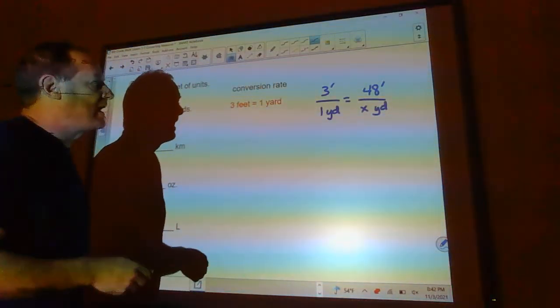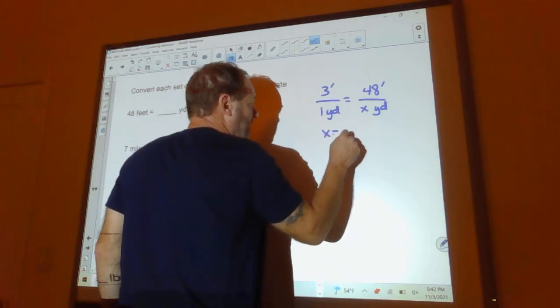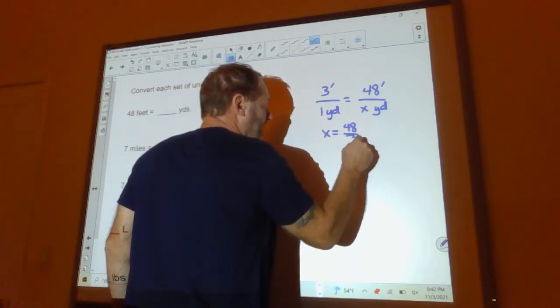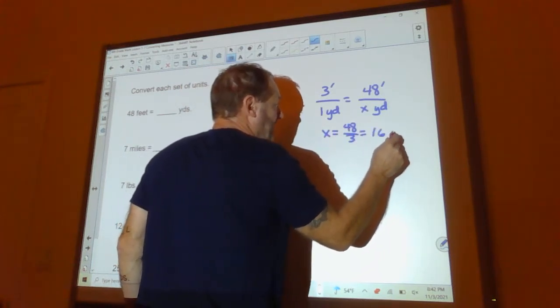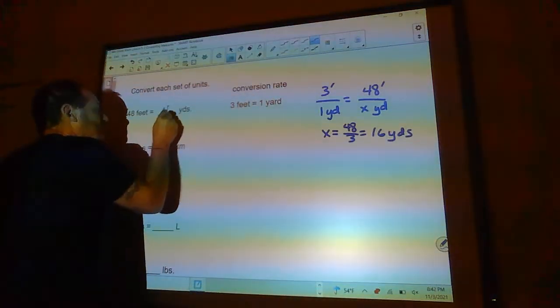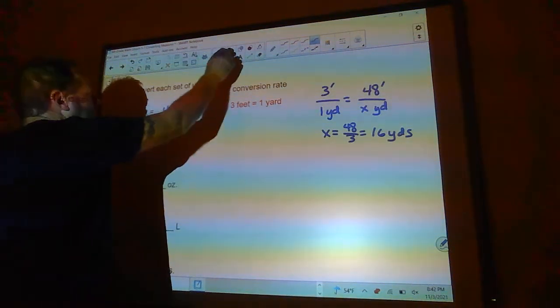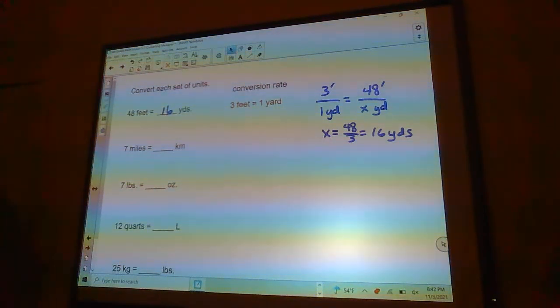And now I can solve that. 1 times 48 is 48 divided by 3. So x is going to be 48 divided by 3, which is 16. And my answer is in yards. So I can put a 16 right there. Okay, next up. That's an easy one.